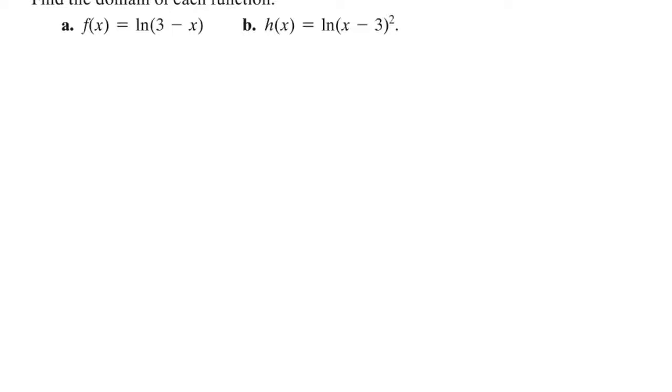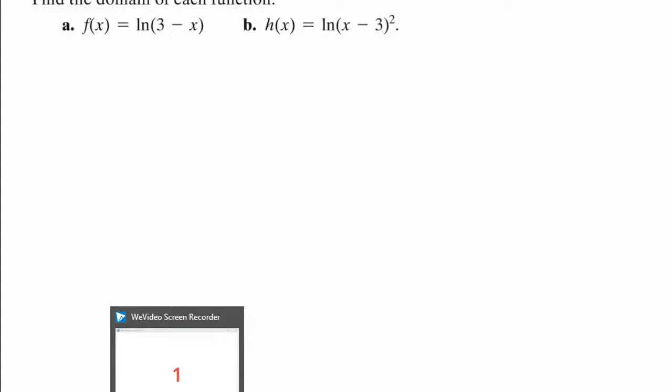All right, so finding the domain is very similar here. On the first one, I have a couple things happening. My x is now negative. That's really negative x minus 3.